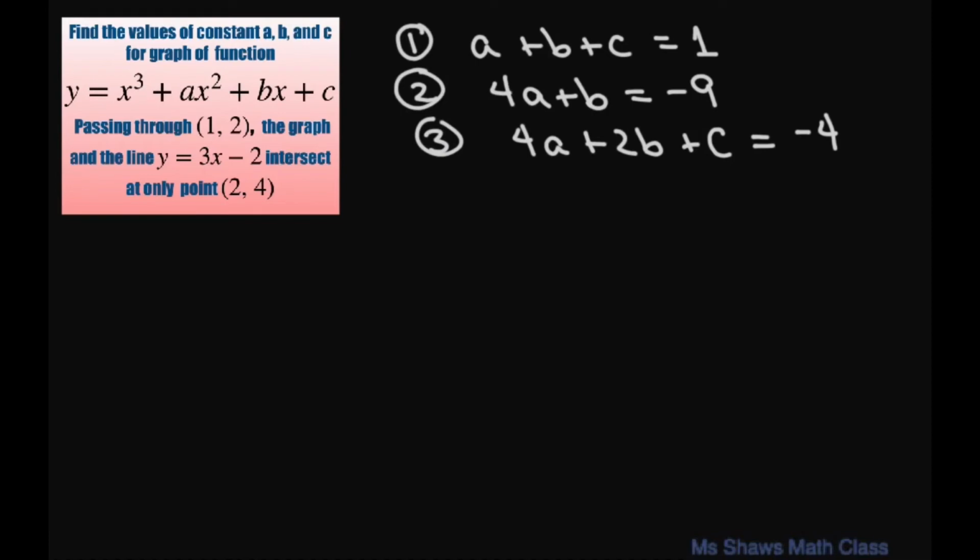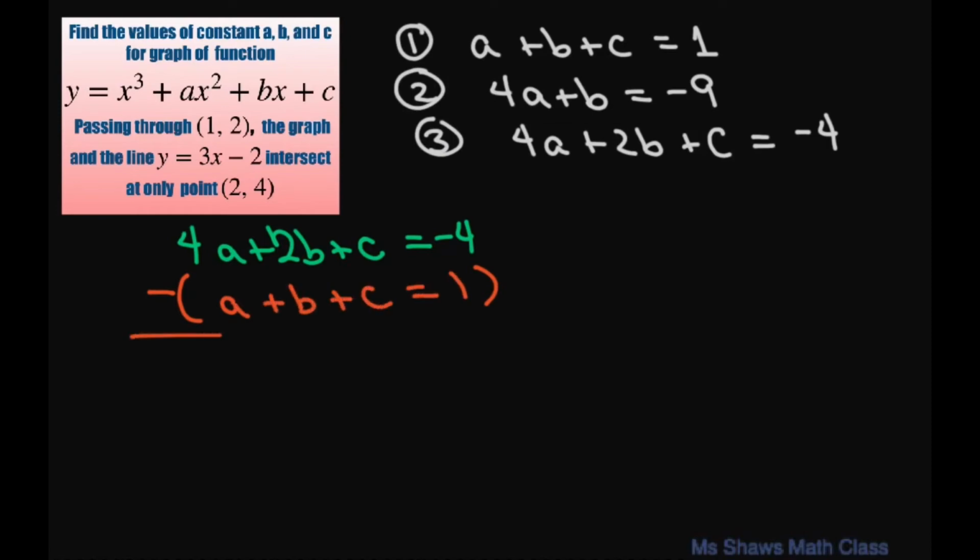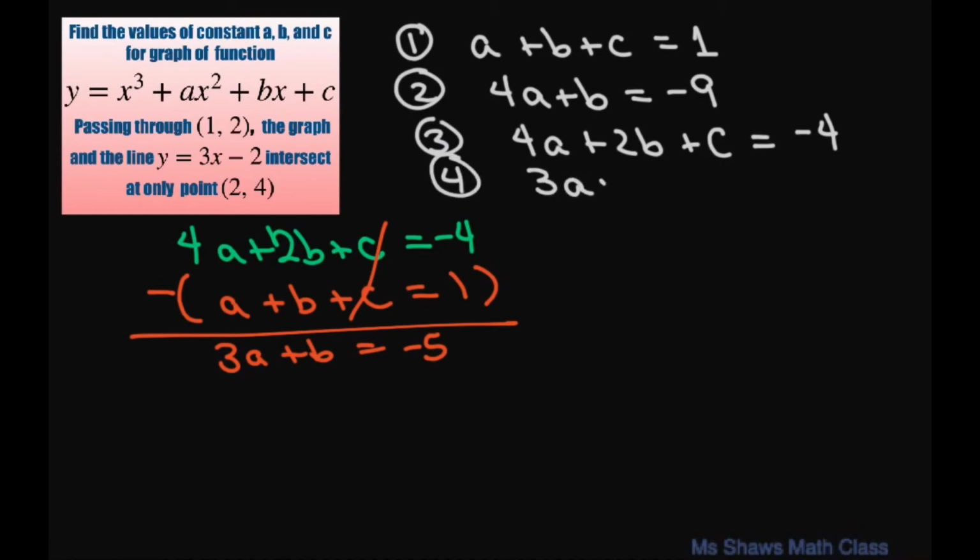We have 4a plus 2b plus c equals negative 4, and we're going to subtract a plus b plus c equals 1. When you do that, you're going to get 3a plus b, the c's cancel, and this is going to be negative 5. I'm going to call this one equation 4. So now we have 3a plus b equals negative 5.